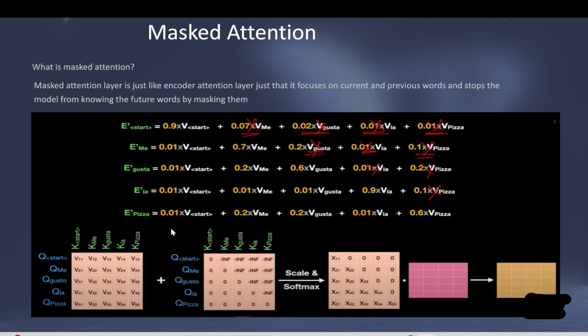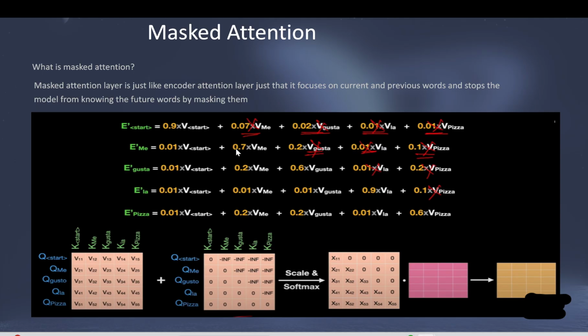Let's focus here. Start is heavily dependent on start, and it does not know any future words. Okay, so again, me is heavily dependent on me and on the start. It has started, and the current word is me. It does not know anything about the future. So me in this sentence is just trained on me.